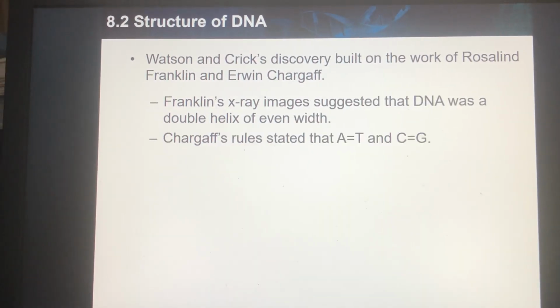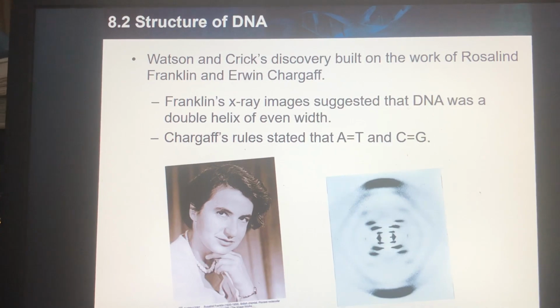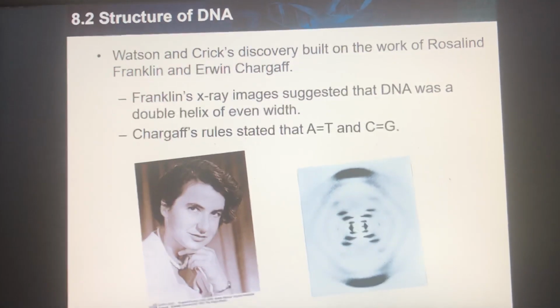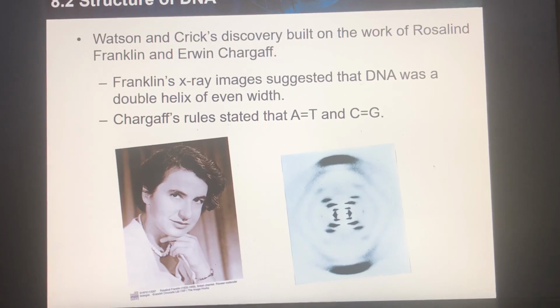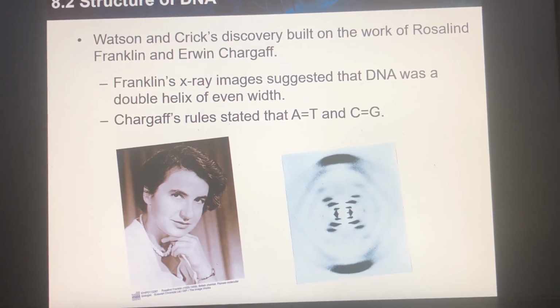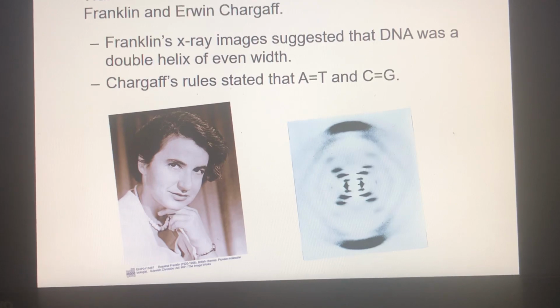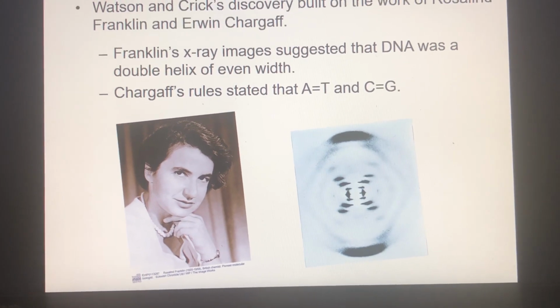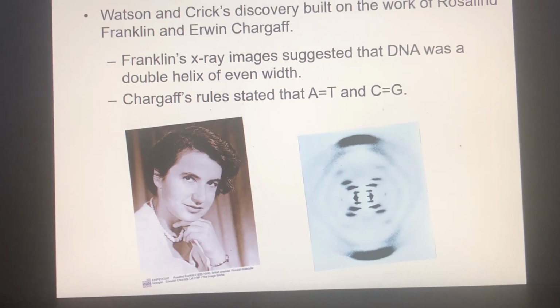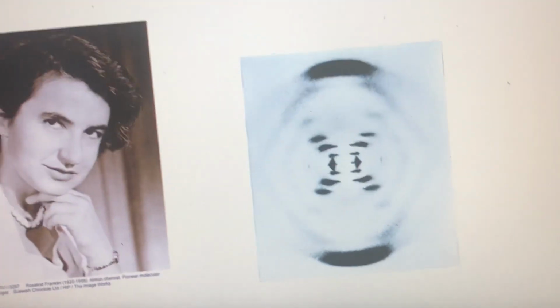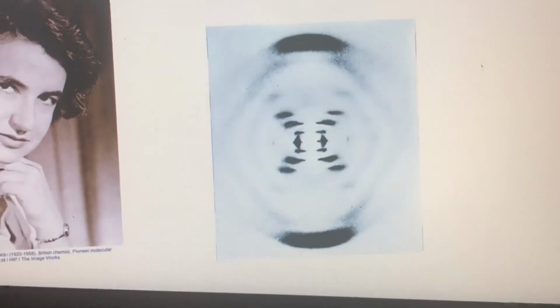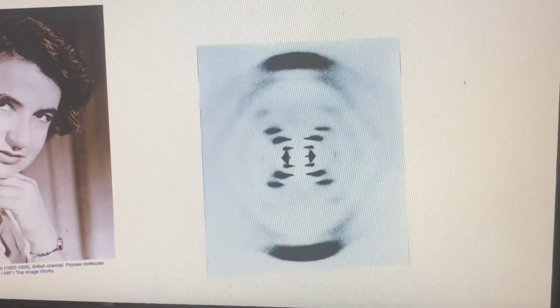Another scientist started also to study the structure of the DNA. This scientist called Franklin. Here is Franklin. Franklin started to use X-ray crystallography to take an image for the DNA, and this was the image. What's your opinion? Is it in the form of double helix?